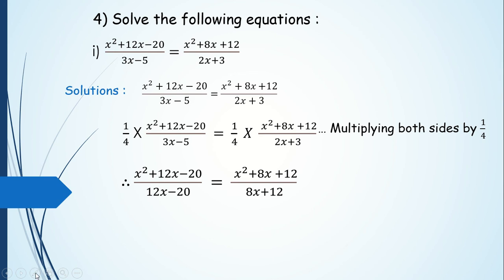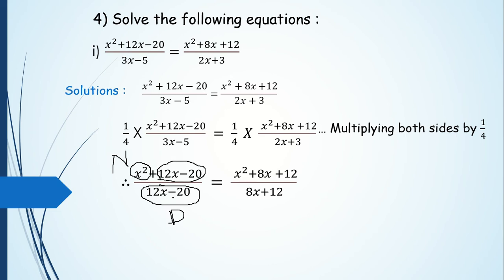Now look closely at this particular ratio. It looks like componendo. If you consider this as the numerator and this as the denominator, and this part is also the denominator.